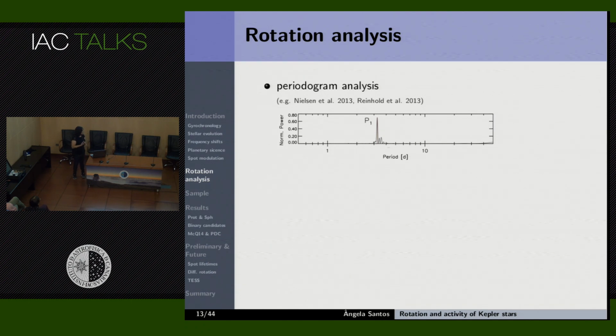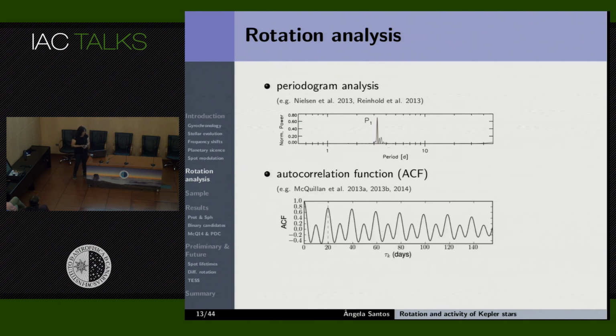One of the methods that has been used to recover rotation for Kepler stars is periodogram analysis. Then the autocorrelation function of light curves was used to provide the largest catalog to date of rotation periods for Kepler stars.